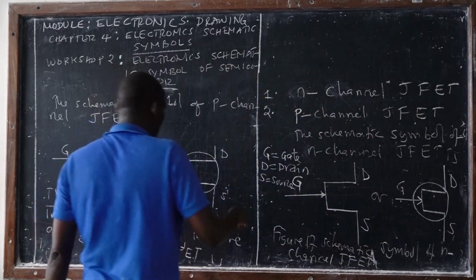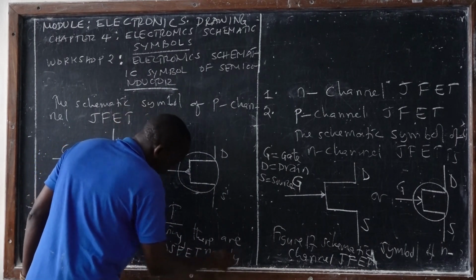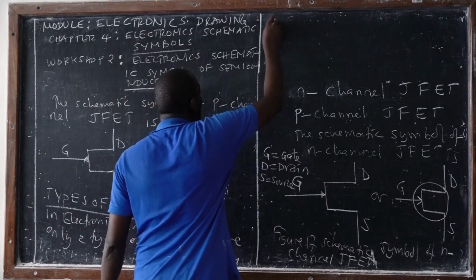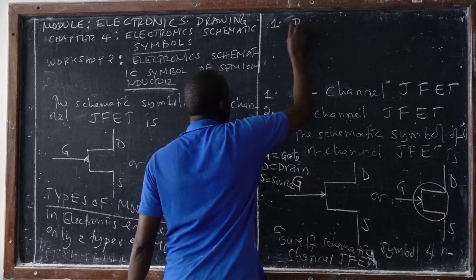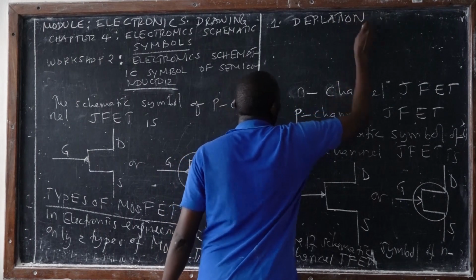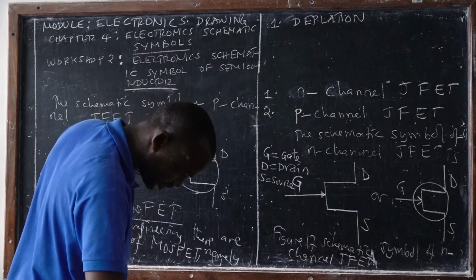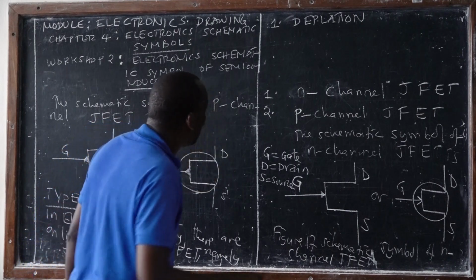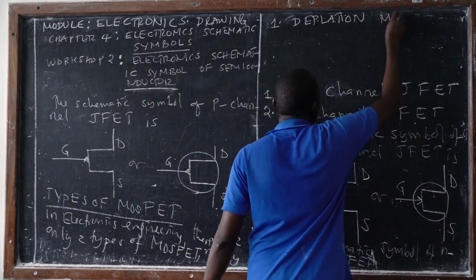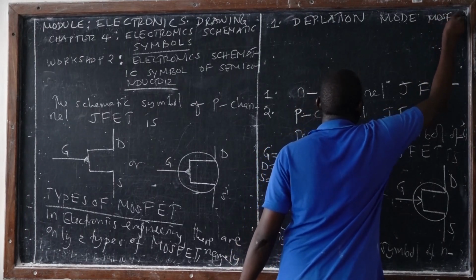So the first type of MOSFET is called the depletion mode MOSFET. Say depletion mode MOSFET.